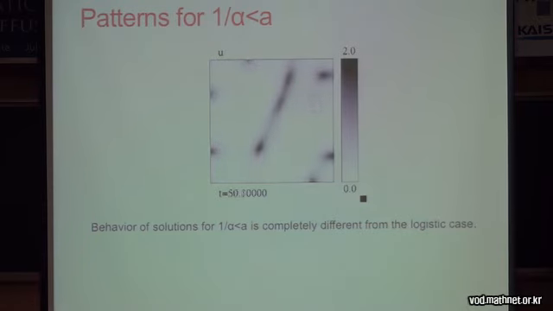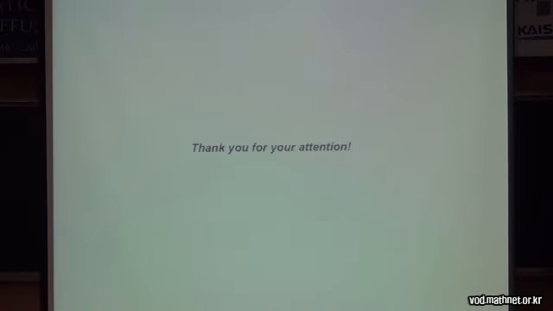As time evolves, U goes to extinction. So the behavior of the solution for this case, 1 over alpha less than A, is completely different from the logistic growth case. This is my conclusion. Thank you for your attention.